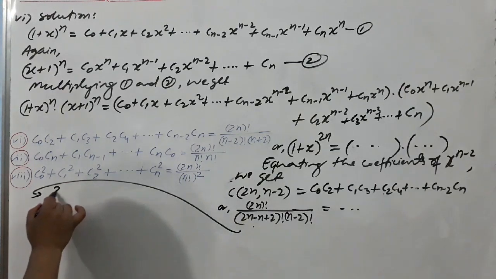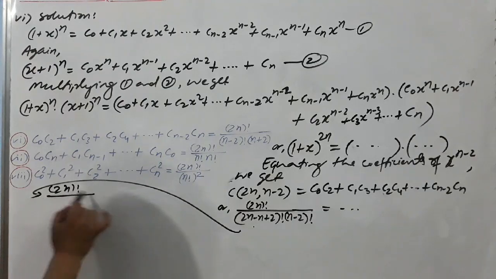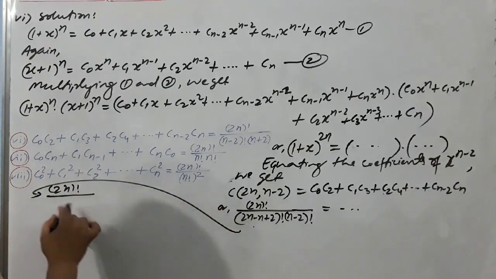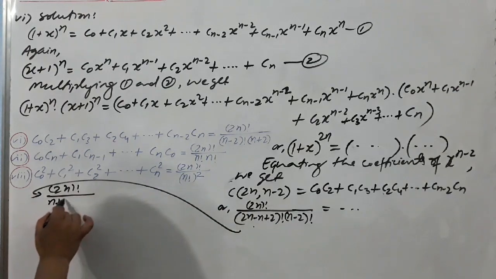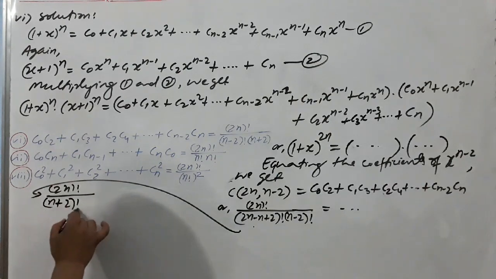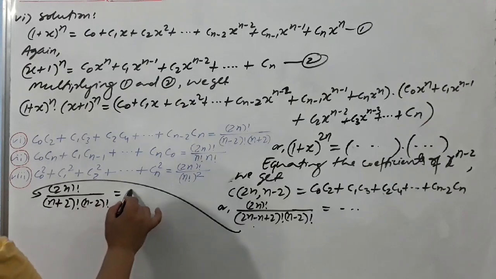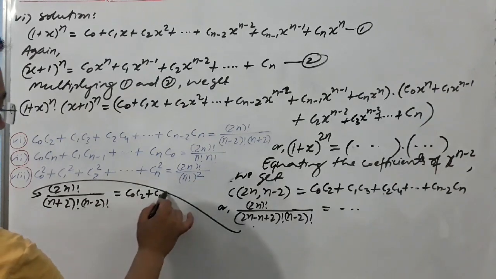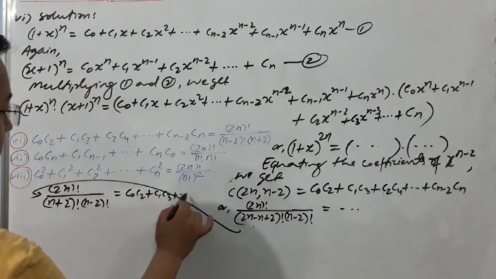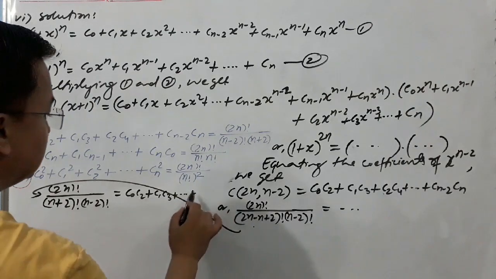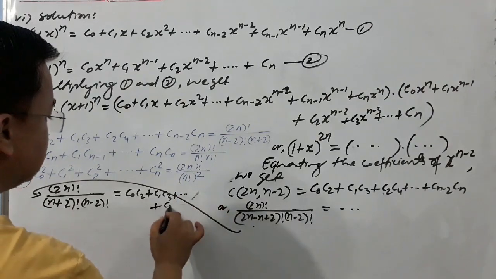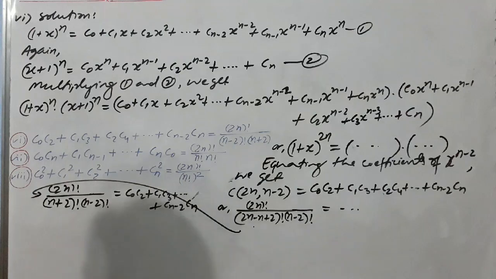So I am writing here 2n factorial over (n plus 2) factorial and (n minus 2) factorial is equal to C0 C2 plus C1 C3 plus dot dot dot plus, I am writing, Cn minus 2 Cn. This way we can prove it.